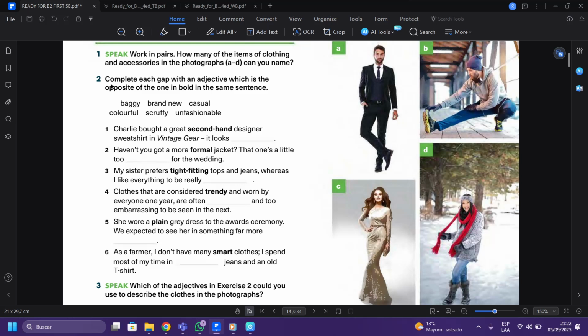Charlie is the letter A. What is second hand? We have to fill in the gaps according to the adjectives that are involved. Okay? And that is the opposite. What is second hand? For example, what is a second hand t-shirt?